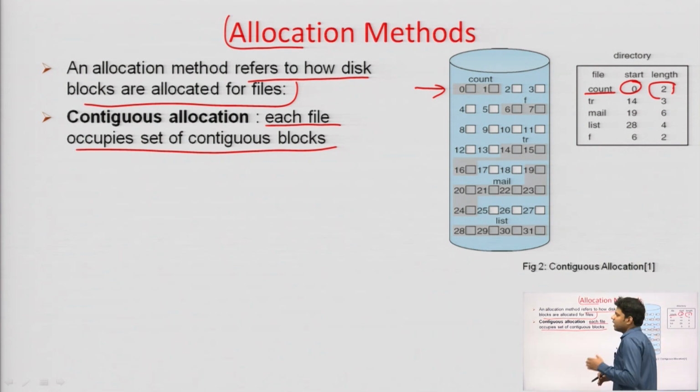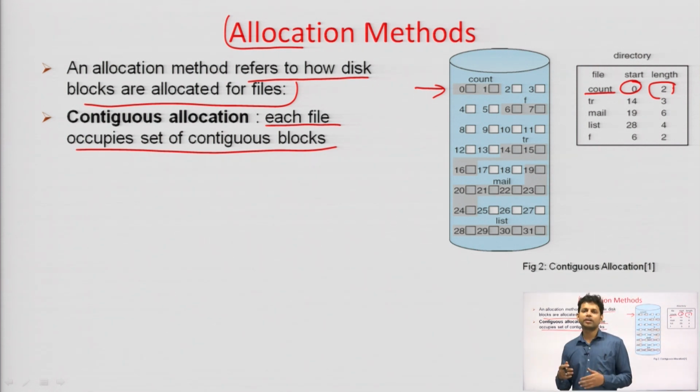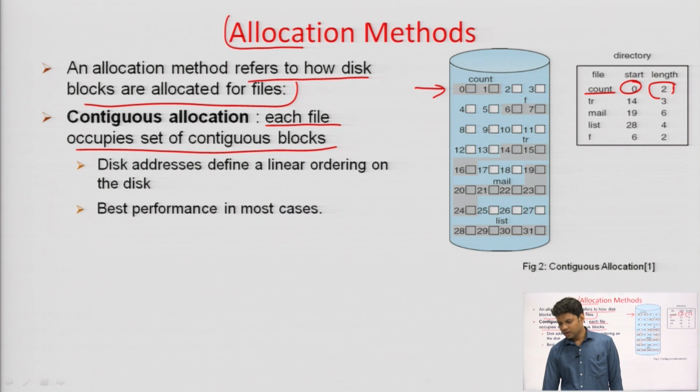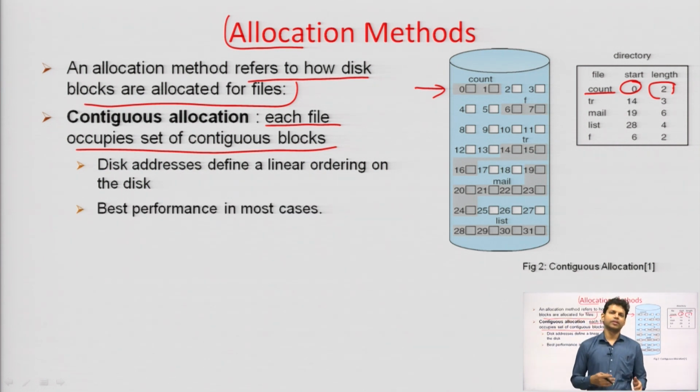In contiguous allocation, we allocate memory in a contiguous manner, which means it should be in continuous blocks. Disk addresses define a linear ordering on the disk. This contiguous allocation gives best performance in many cases.